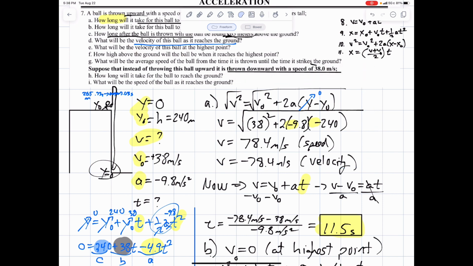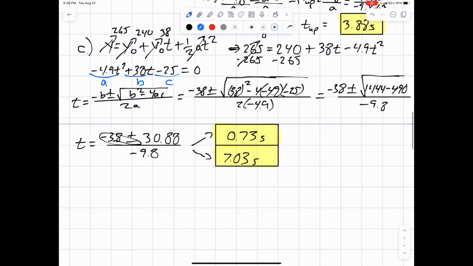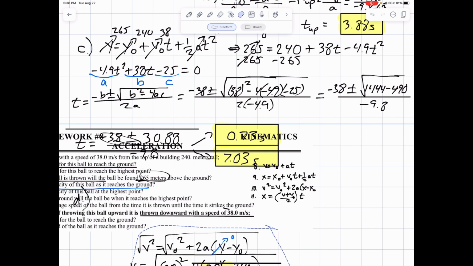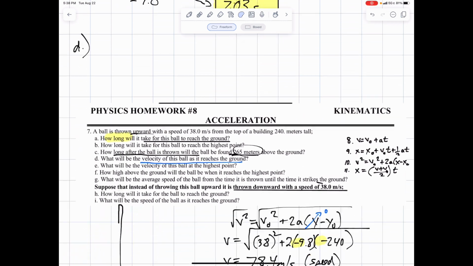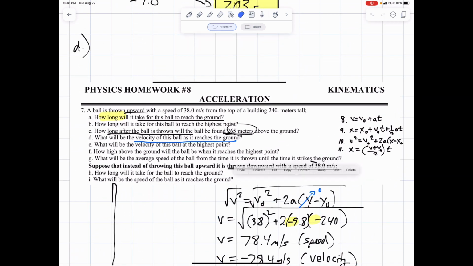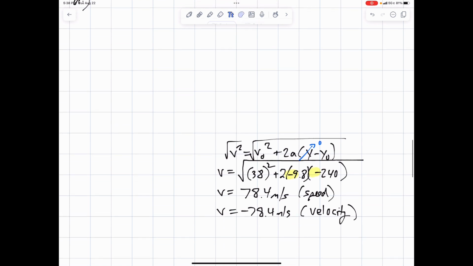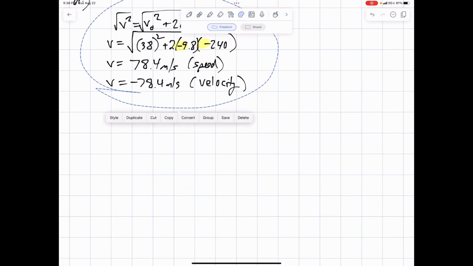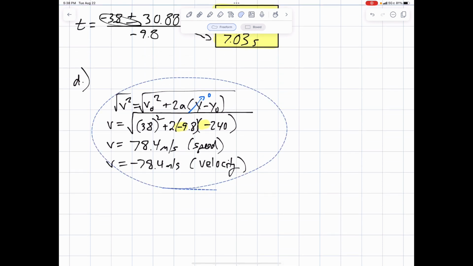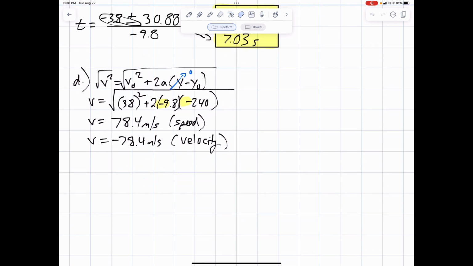That is part D, specifically the velocity right here.